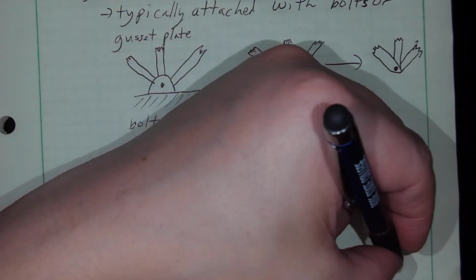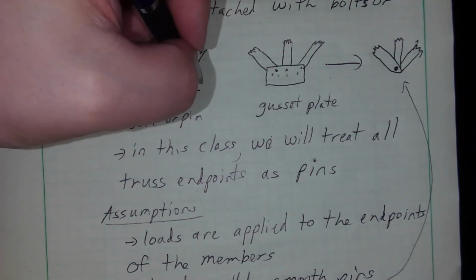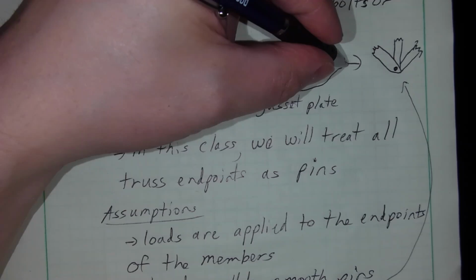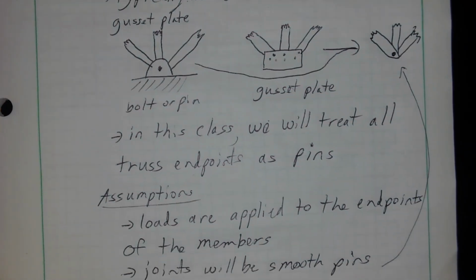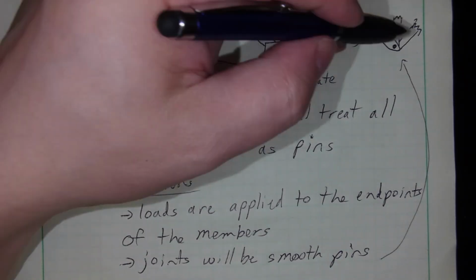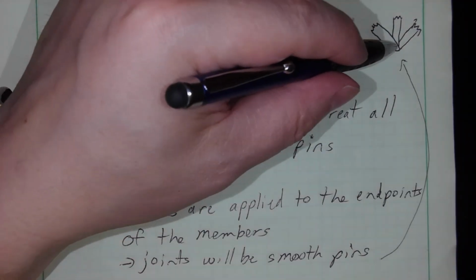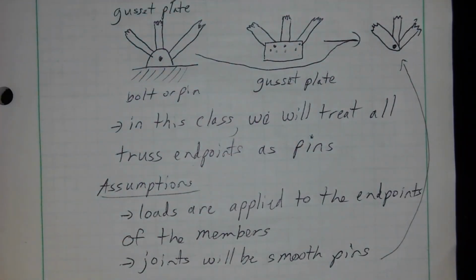And that's what we're saying here. Whether it's bolts, gusset plates, whatever they are, we're going to treat both of these as if it's just this. Some sort of pin connection holding all of the slender members together.